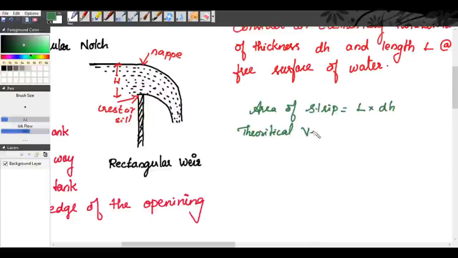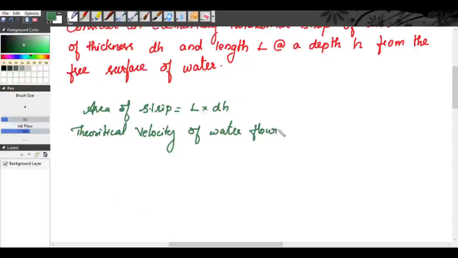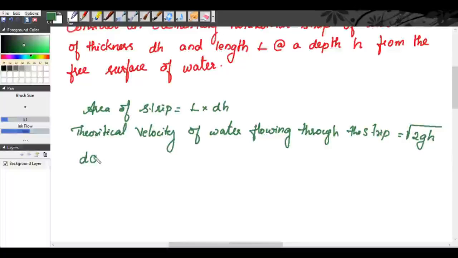So the theoretical velocity of water flowing through the stripe will be equal to square root of 2gh. So the discharge through the smaller stripe, you can take as dq. This is the smaller discharge, that is, discharge through the stripe.